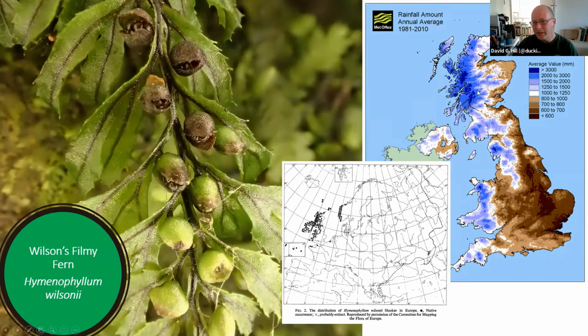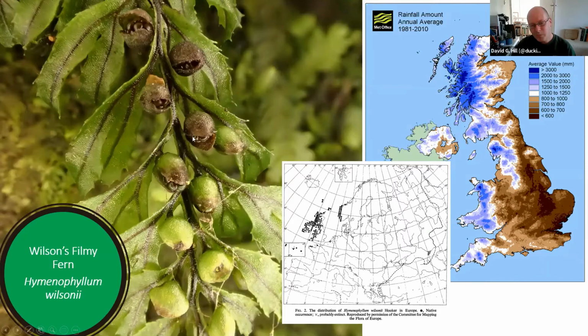You need huge amounts of water for filmy ferns. The actual spore-bearing structure for filmy ferns isn't on the underside. It's this helmet-shaped structure. And you can just make out the sporangia inside, and then within those sporangia are the spores.